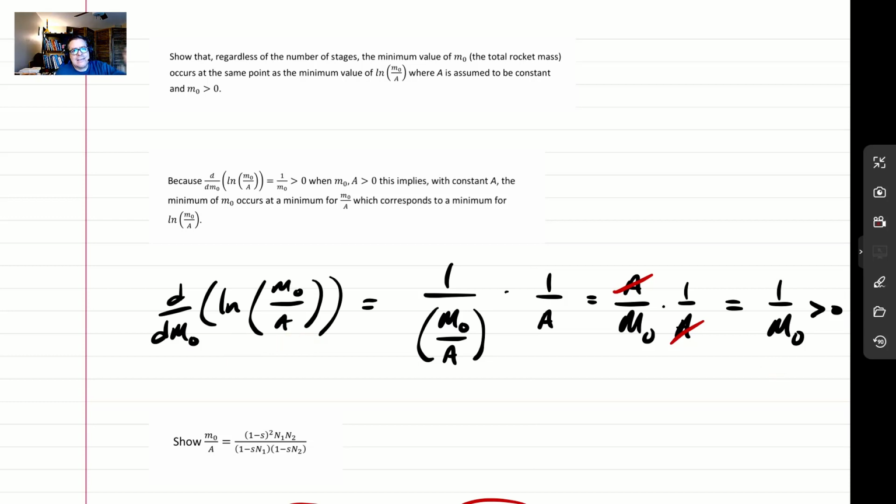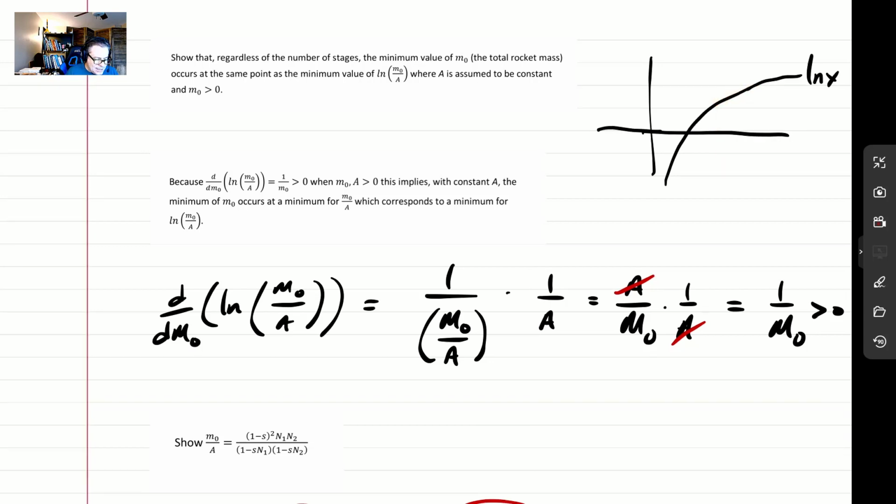So just saying that the function is strictly increasing, a quick picture of the natural log of x, that's the natural log of x, and the minimum value of that function corresponds to a minimum value of x.